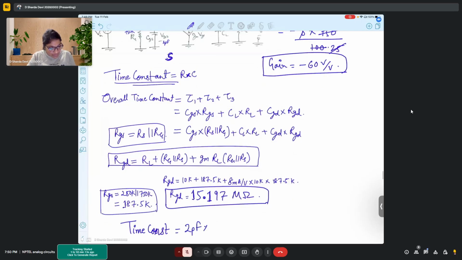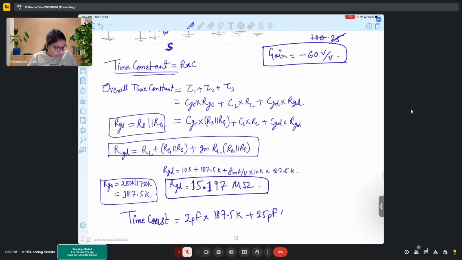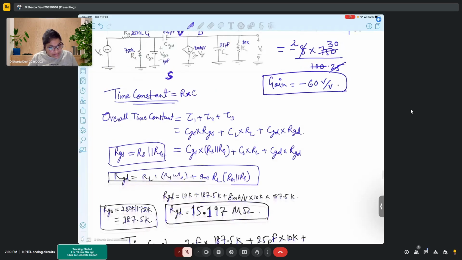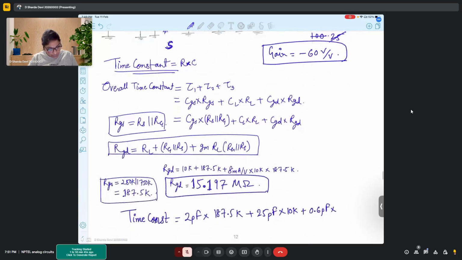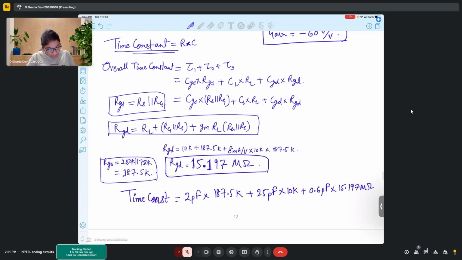So 2 picofarad into RS parallel RG, which is 187.5 kilo ohms, plus CL, that is 25 picofarad, into RL, which is 10K, plus CGD, which is 0.6 picofarad, into RGD. This is 15.197 mega ohm. So how much is the time constant that you're getting?